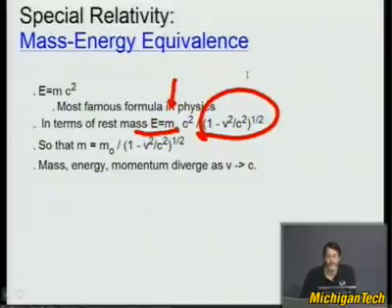Officially, it diverges. So you can take a little flea and zip it up. If the flea could move that fast, it could be more massive than a bowling ball when it hits you. Mass, energy, and momentum all increase with speed.